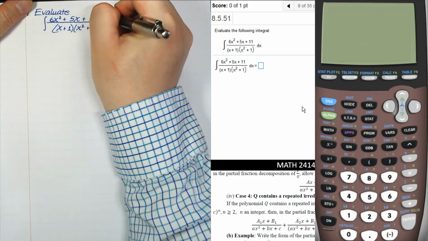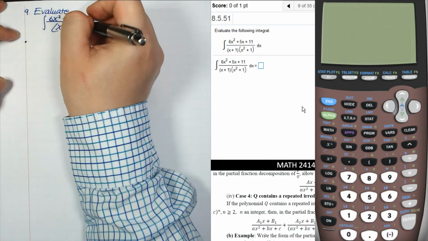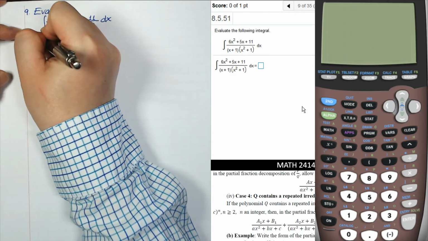Right. So first, there's a partial fraction of this.